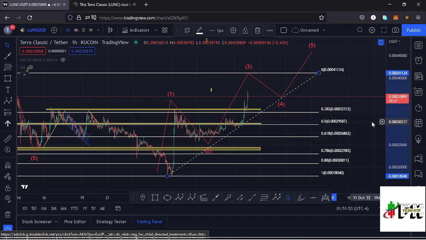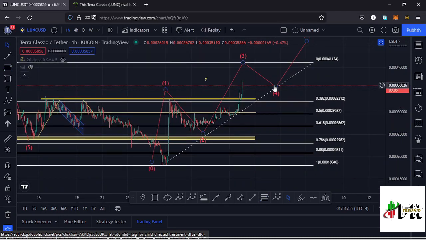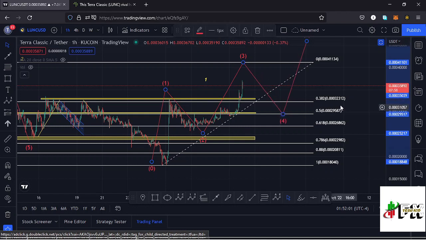Then that will give me a minimum target area to the lower side in the formation of a wave 4 between the fib level 0.382 and the fib level 0.5, which is between the $0.00032 mark and the $0.00029 mark.